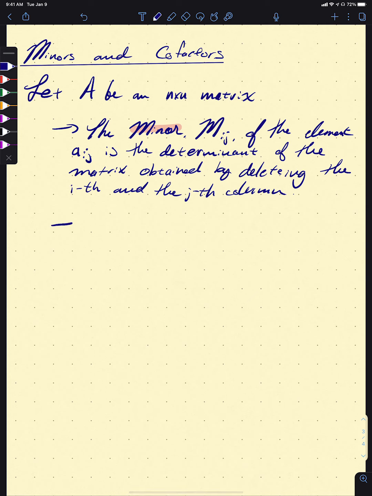And then our second thing to define, and then of course we'll get some examples of how these things work, is the cofactor of a_ij, right? One of these elements is, let's go down here. So it's capital A sub ij, okay?